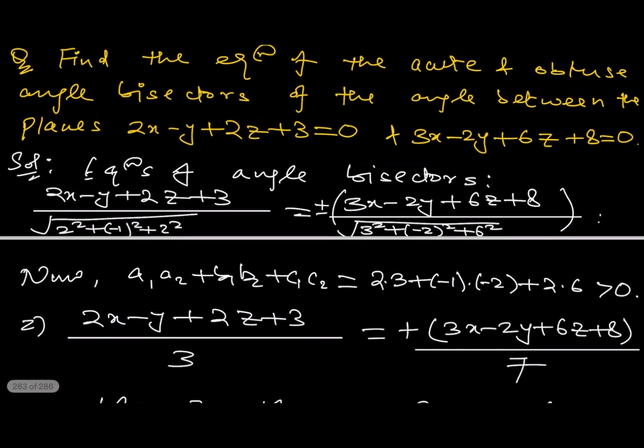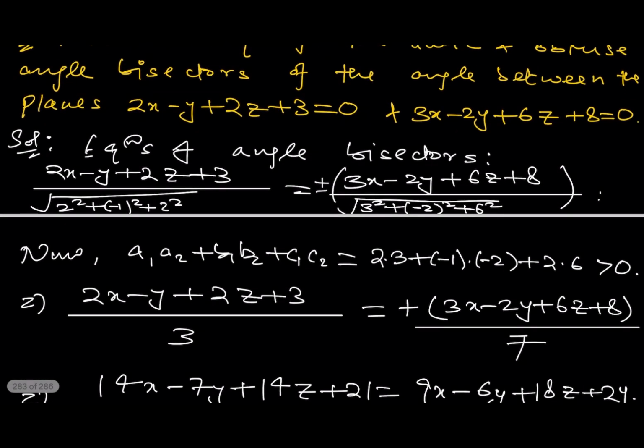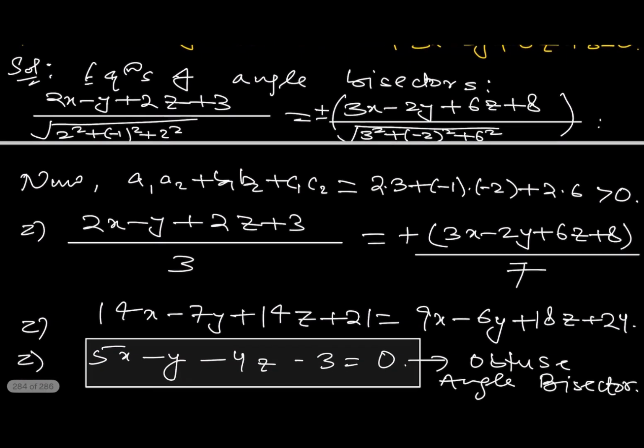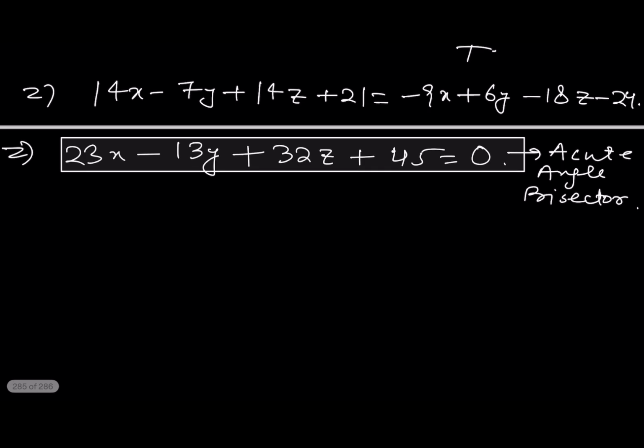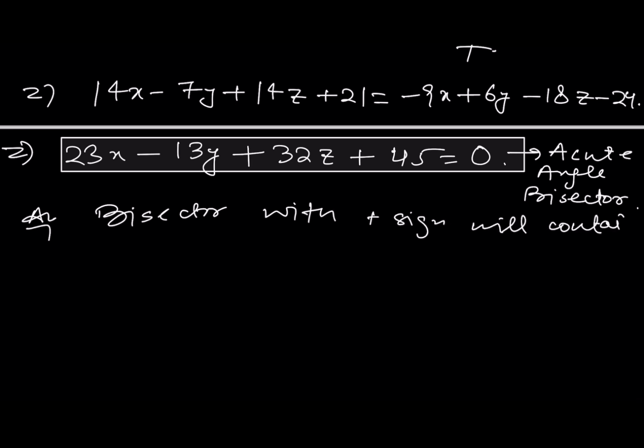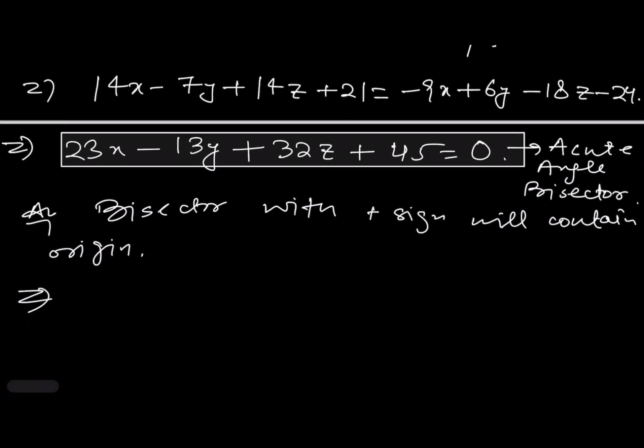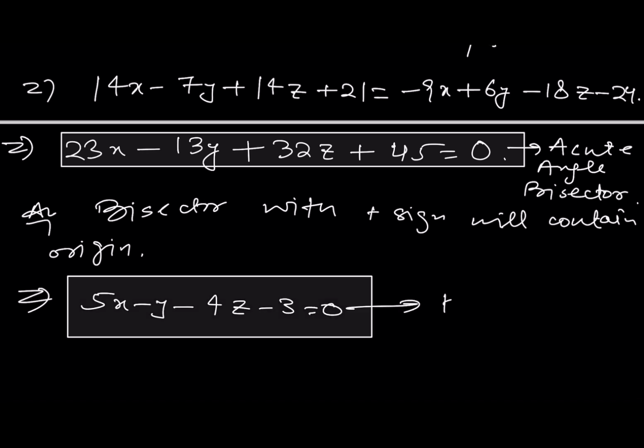As D1 and D2 are already positive in the given equations, the bisector with plus sign will contain the origin. So it implies 5x minus y minus 4z minus 3 is equal to 0 is the one having the origin.